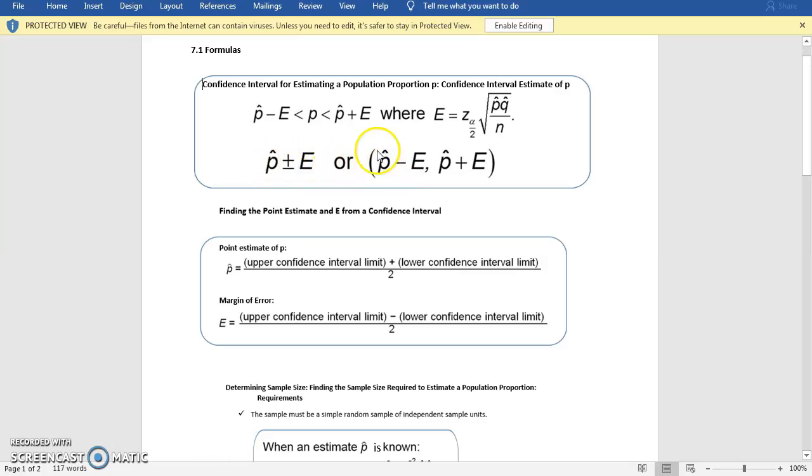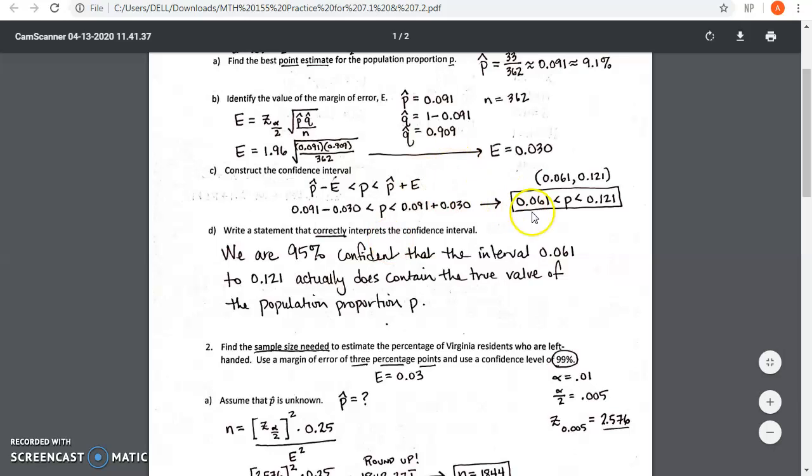You could write it using the parentheses here. So whichever way you would like to do that is perfectly fine. I think my stat lab is going to ask you a certain way of typing it in, so any of the three methods would be fine. I didn't write it on here, but you could have put p hat, which is 0.091, plus or minus 0.030.